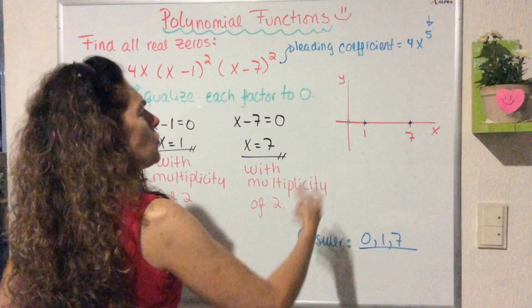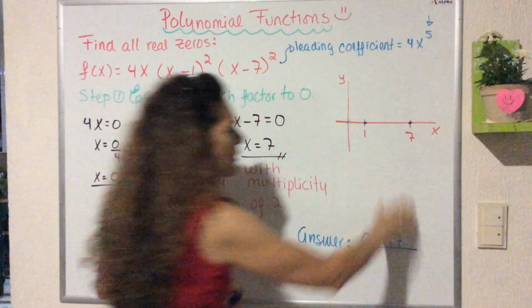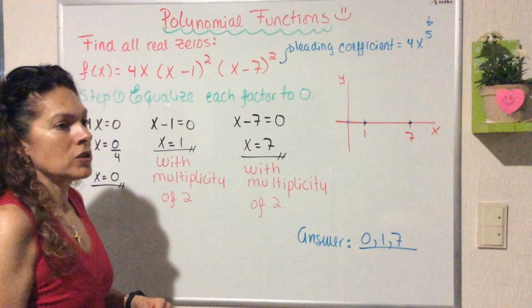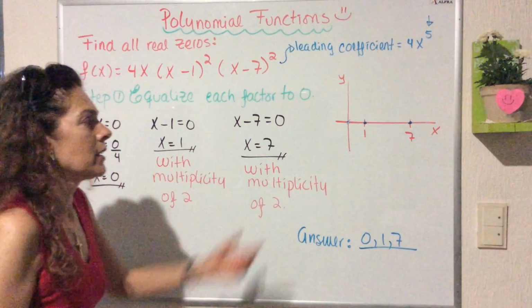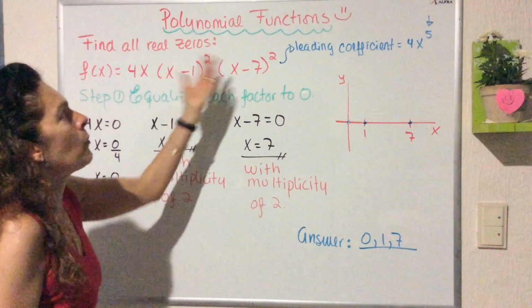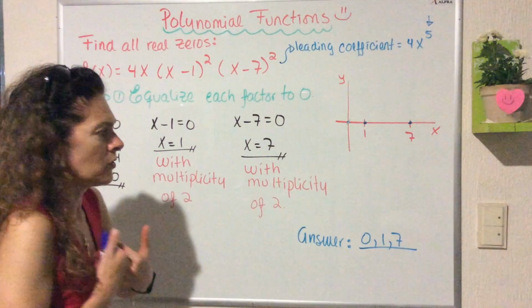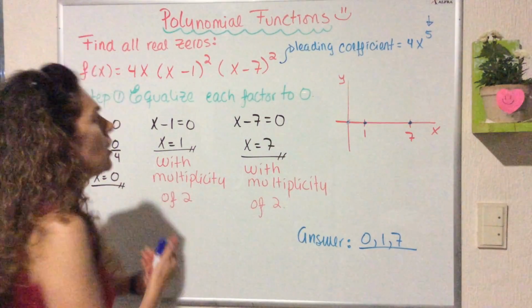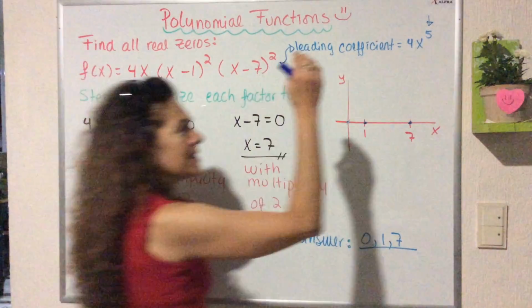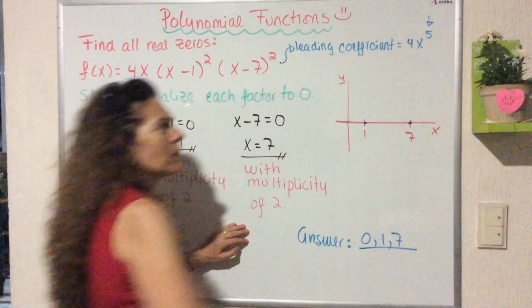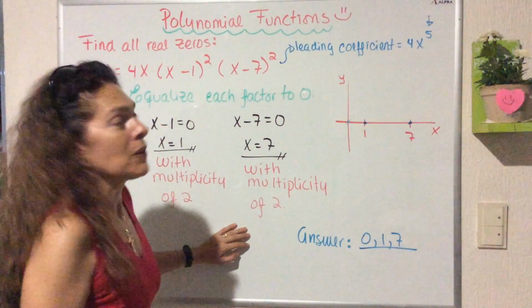But I want you to realize what the graph is going to look like, because later on you're going to plot graphs of polynomial functions, and I want you to start learning and understanding the behavior. Look, which is the degree of the function? This is a fifth degree.